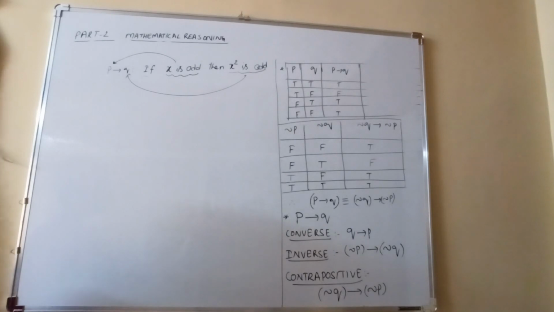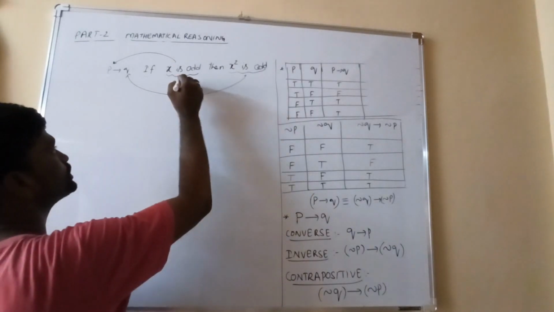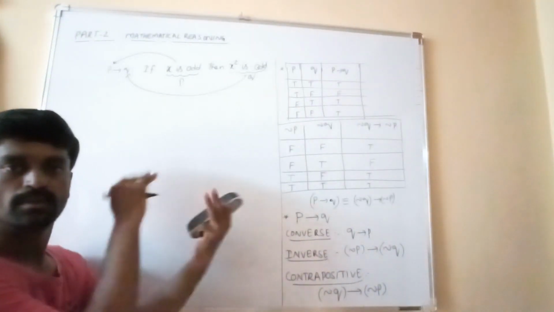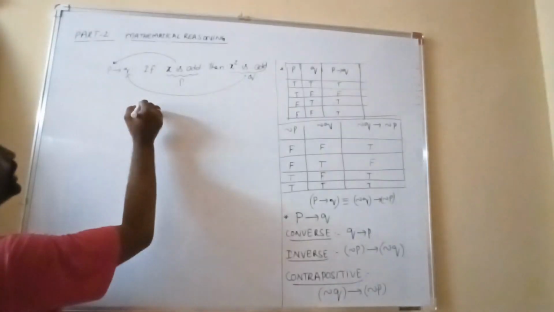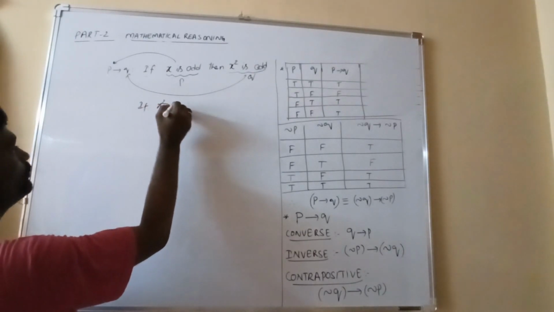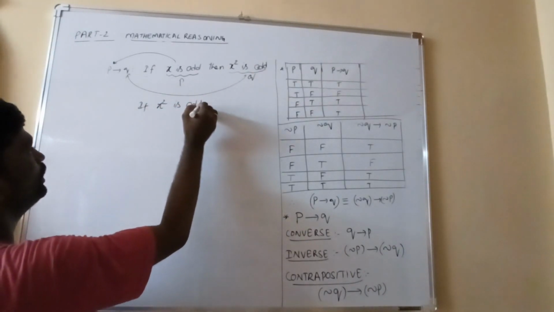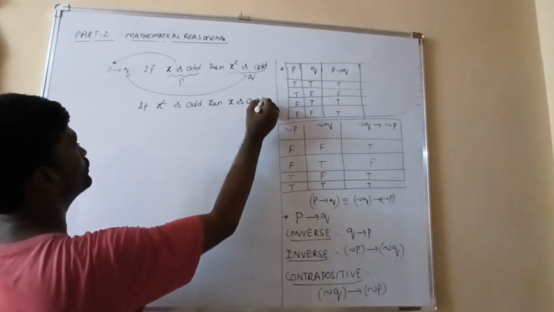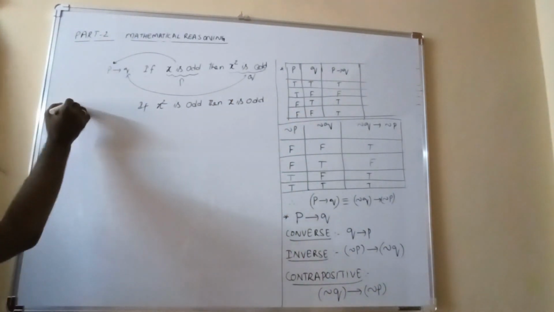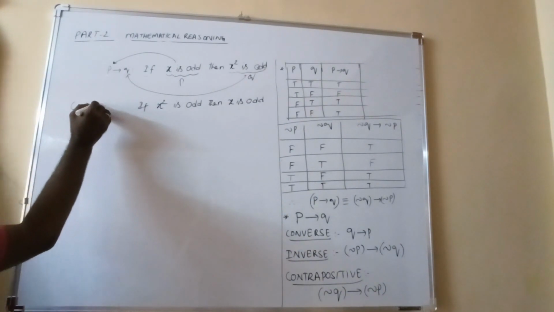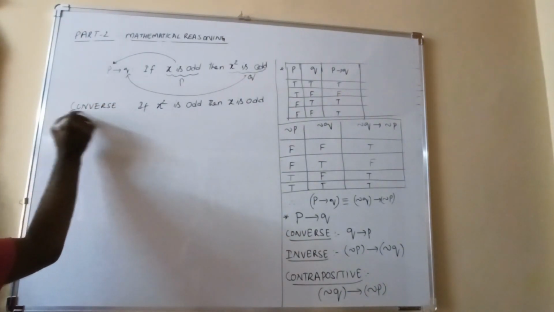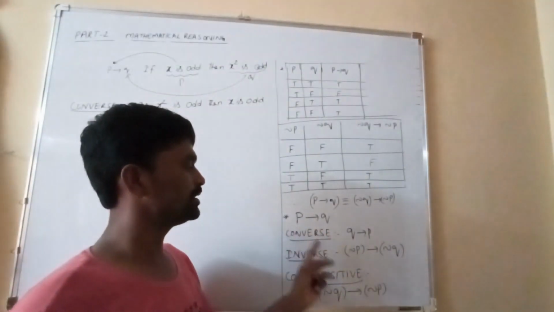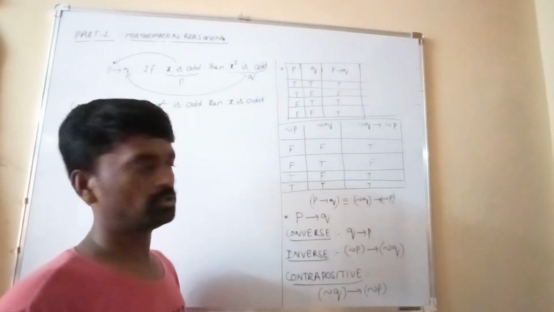Then what is its converse? Converse means just make it reverse. So if X square is odd, then X is odd. This is the converse. Then what is the inverse?